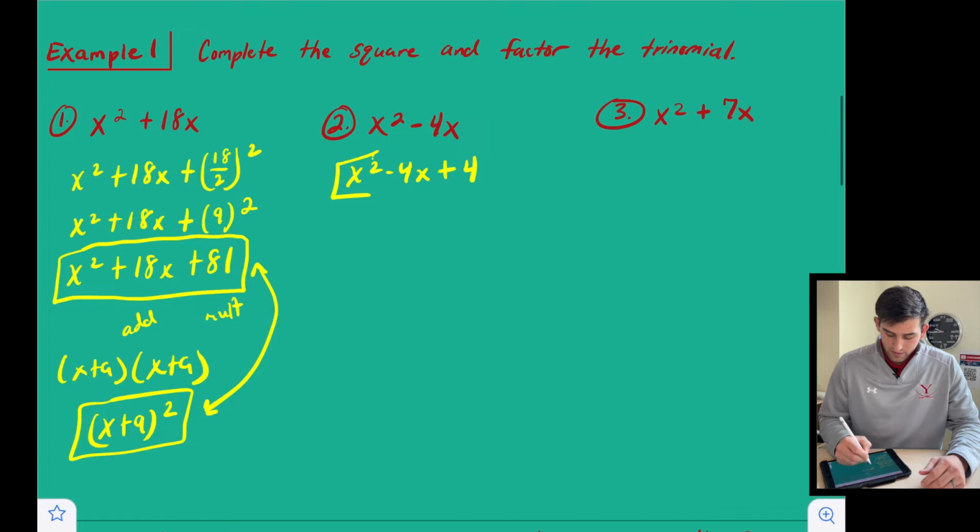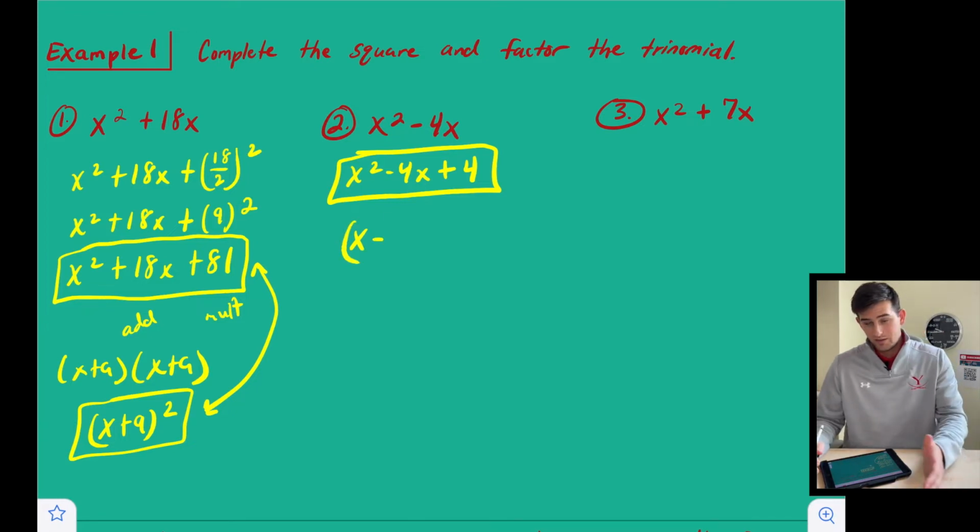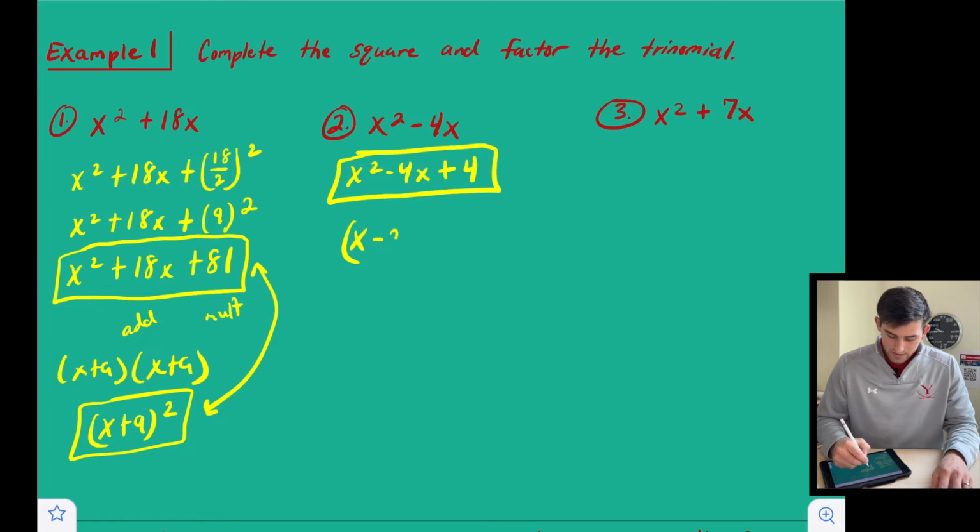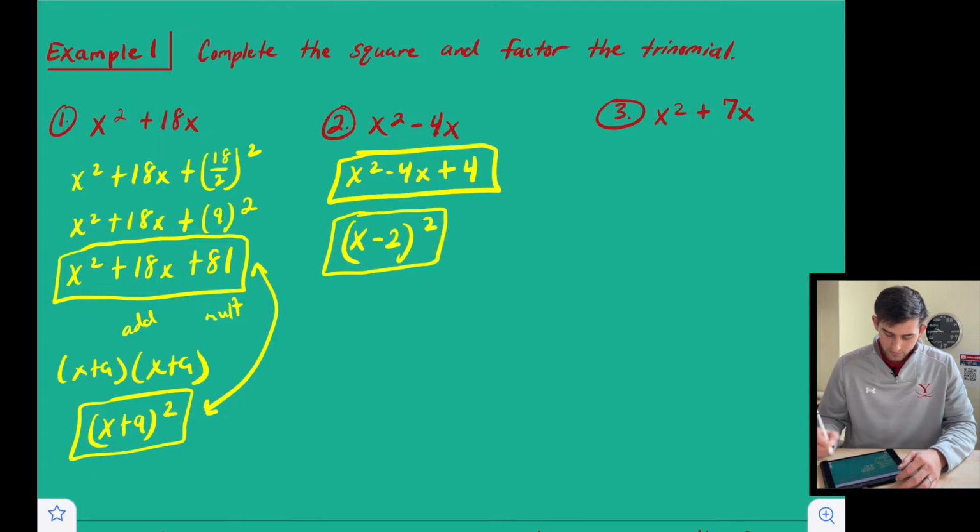So there is our trinomial. We have completed the square, and now we're going to factor this. We have x squared minus 4x, and b divided by 2 was negative 2. So this is x minus 2 quantity squared, which is our square of a binomial.